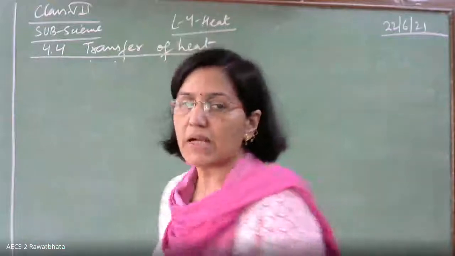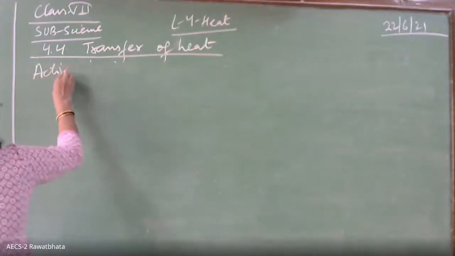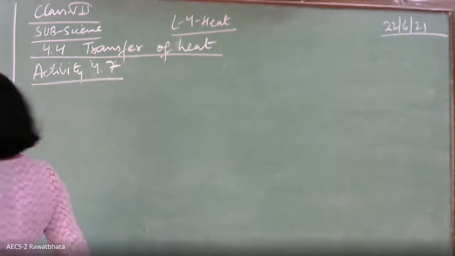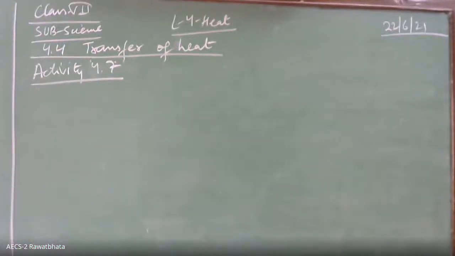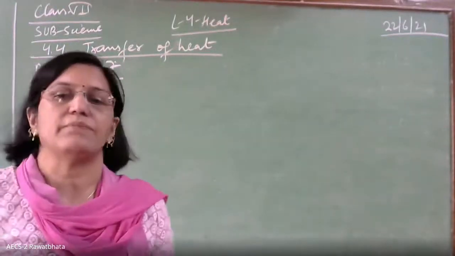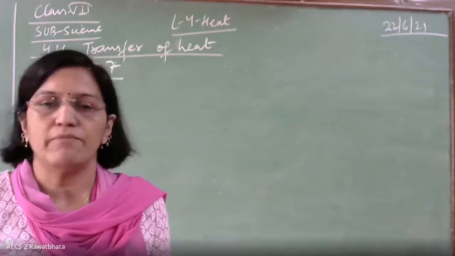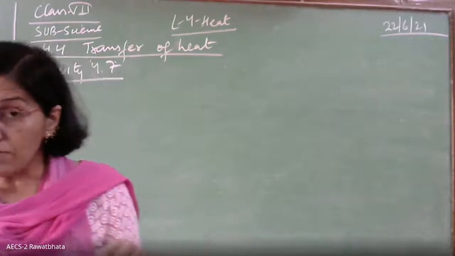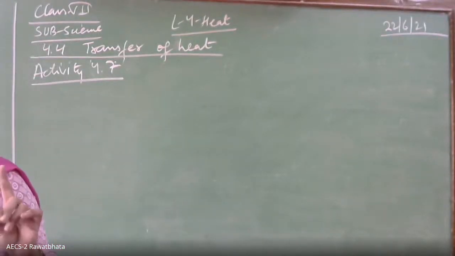Now about this activity number 4.7. In your book, there is table number 4.3. They have written certain columns. One row they had completely filled up. The article is a steel spoon.